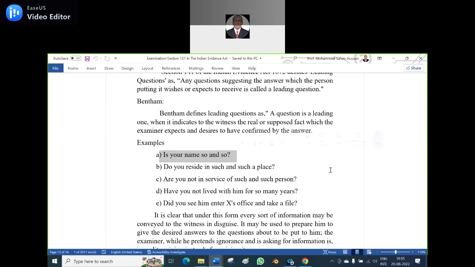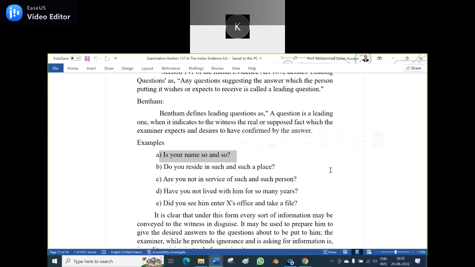The answer is yes or no. Generally, he will give the right answer only. So you say, is your name so and so, and he says yes. Do you reside in such and such a place? Do you reside in the so and so area? The answer is yes. For all these leading questions, generally only yes or no type of answers are there.